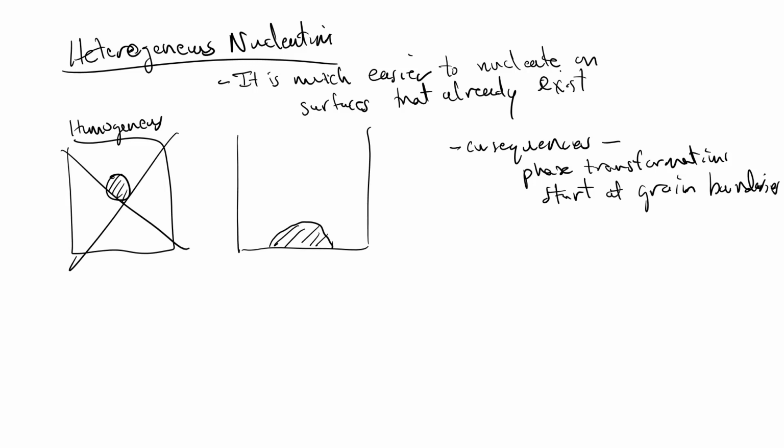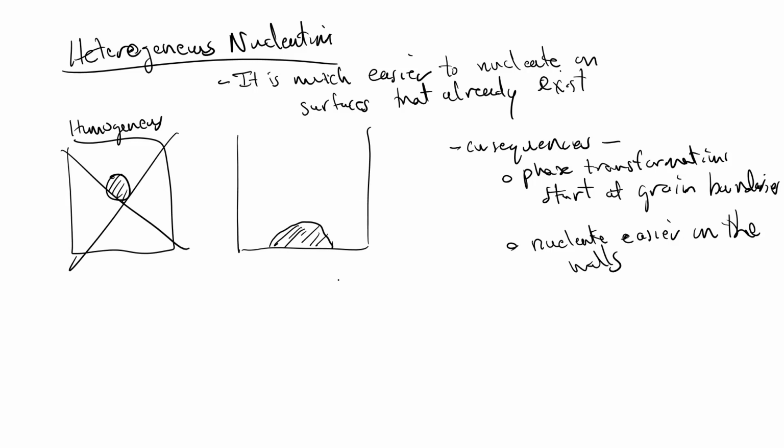If it's a solid going to another solid, or if it's a liquid going to a solid, we could say things nucleate easier on the walls, like the walls of a mold. Let's say this is a mold I poured a liquid into, okay? It's easier to nucleate on this surface here.